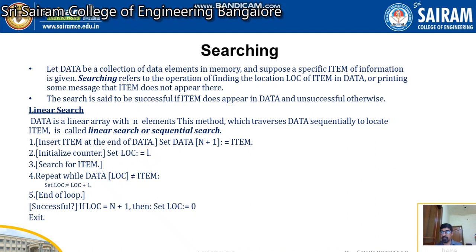And if it is not found, we go to the next location. So LOC is equal to LOC plus 1. So LOC starts from 1. And the moment you find that the item and data at the location are equal, we come out of the loop.